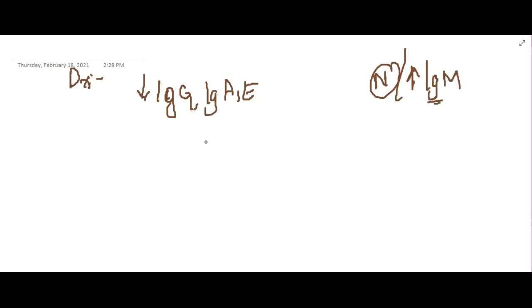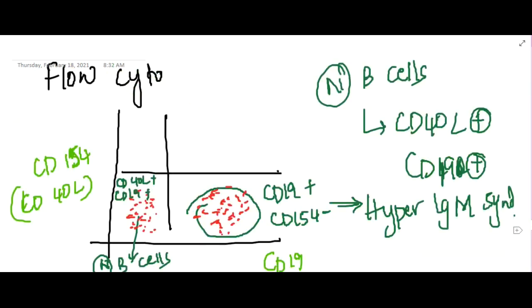Okay, so these are the two ways of identifying it, right? Then how are we going to diagnose it? The best method for diagnosing this is flow cytometry. This is the flow cytometric analysis. In the flow cytometric analysis, these are the normal cells which have CD40 ligand.